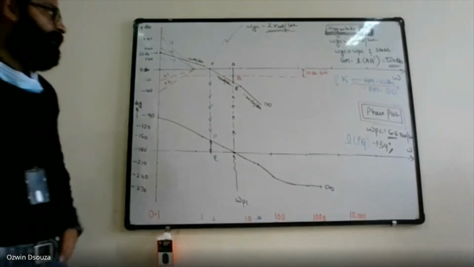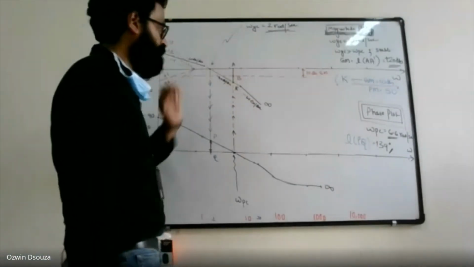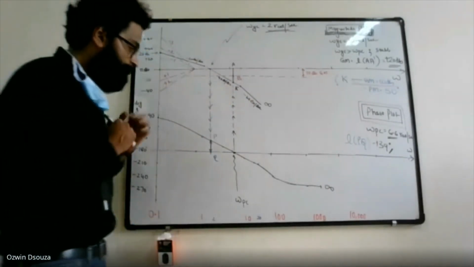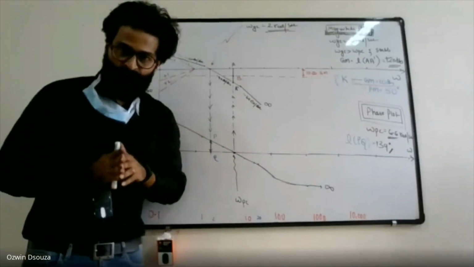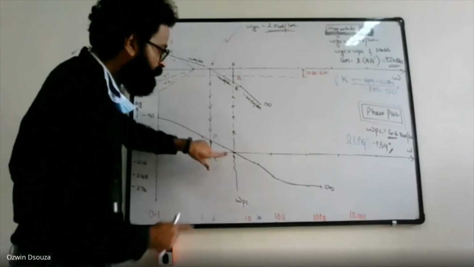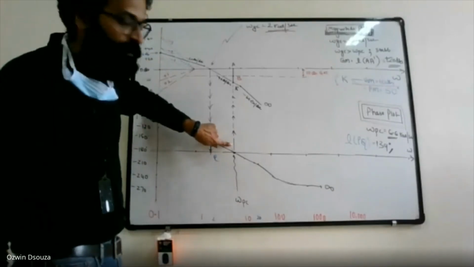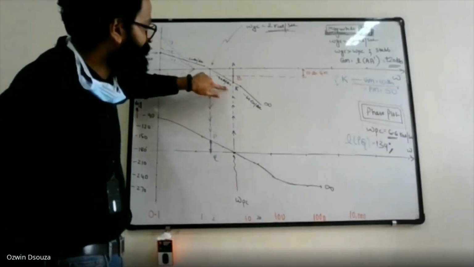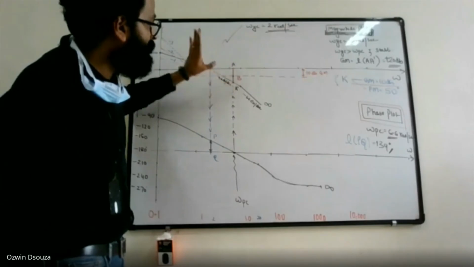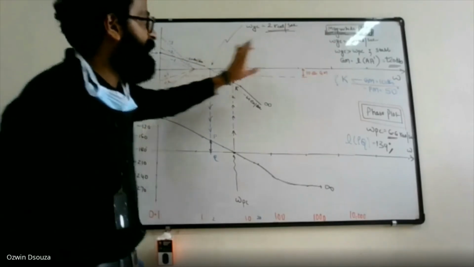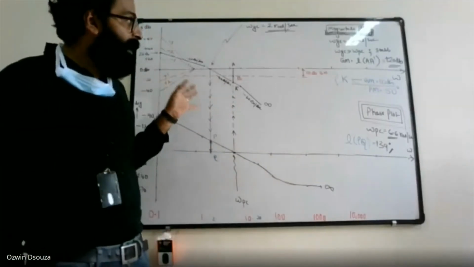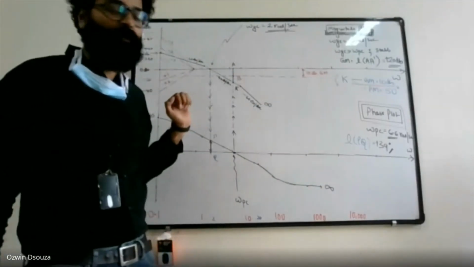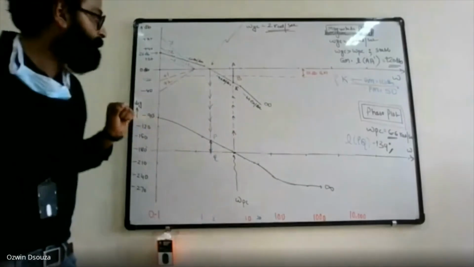I hope you have located point B, somewhere over here. Now, gain margin is calculated at phase crossover frequency, correct? But at this phase crossover frequency, the system gain margin is found to be A dash, which is 20 dB. But you have been asked to find the value of K to get a gain margin of 10 dB.